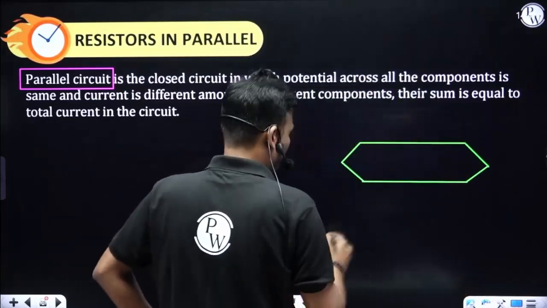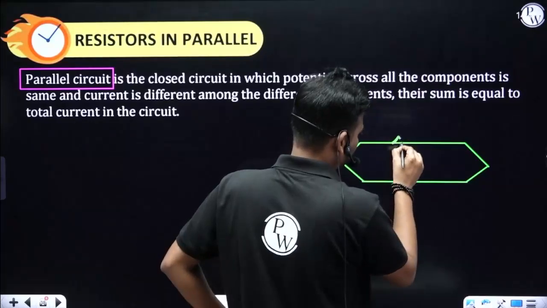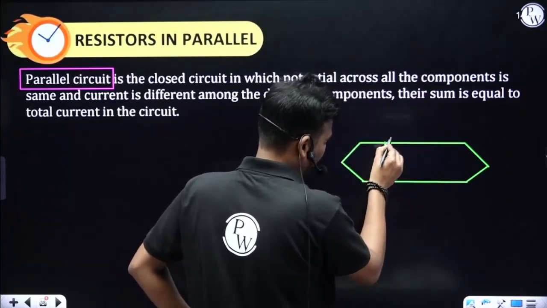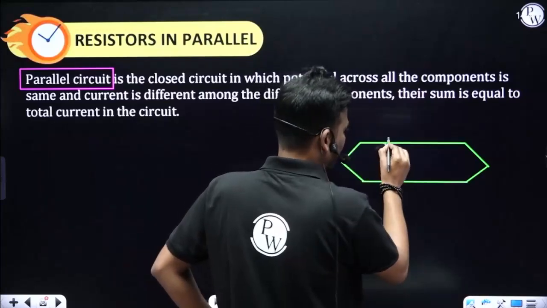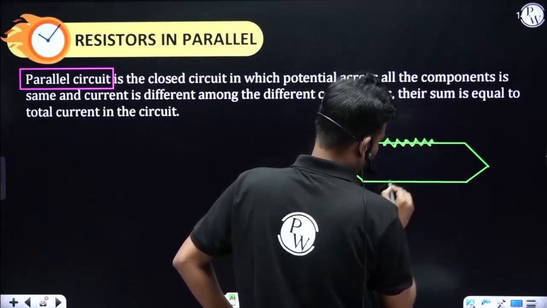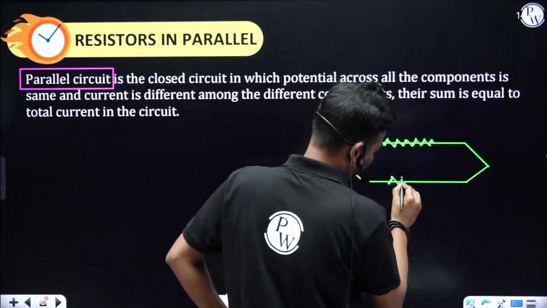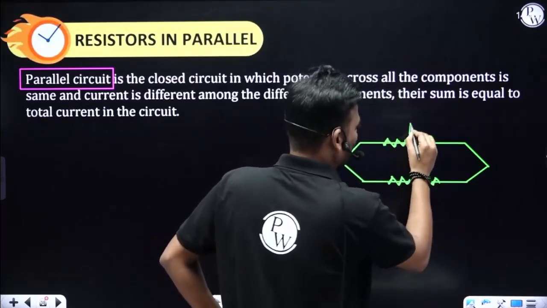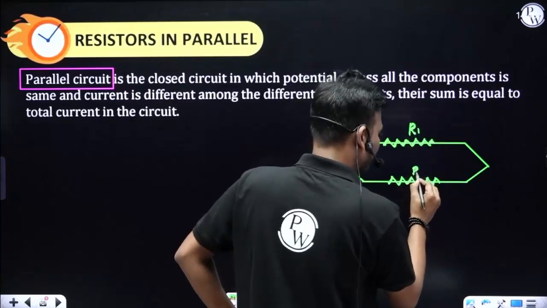Okay. So parallel combination. And here also parallel combination. Let me consider this is R1 and this is R2.